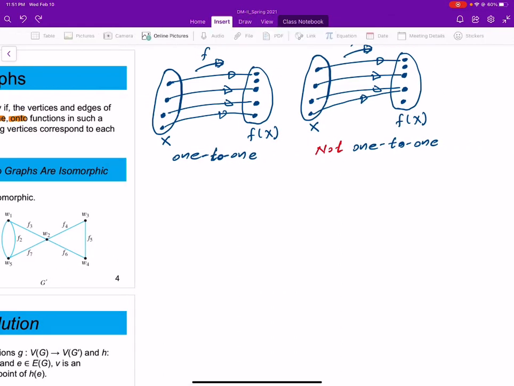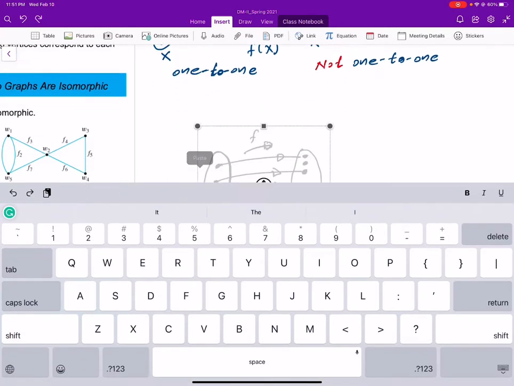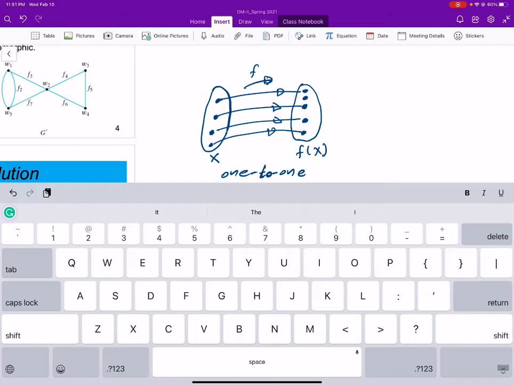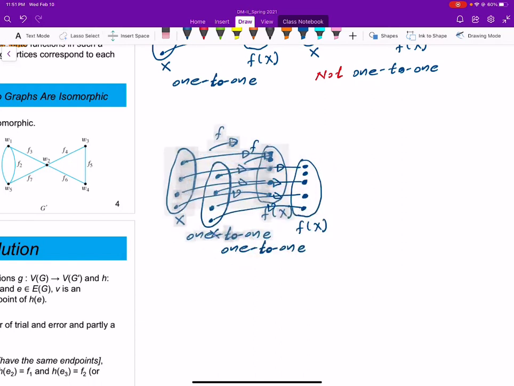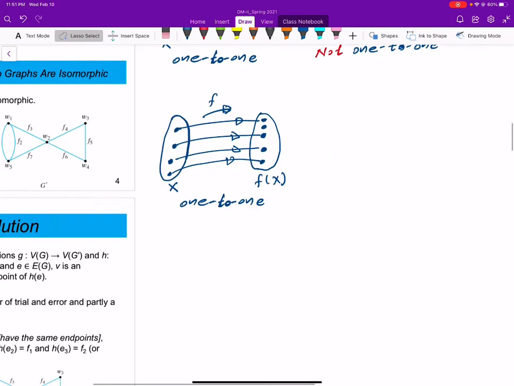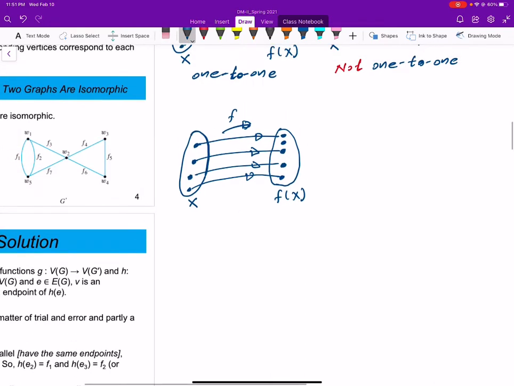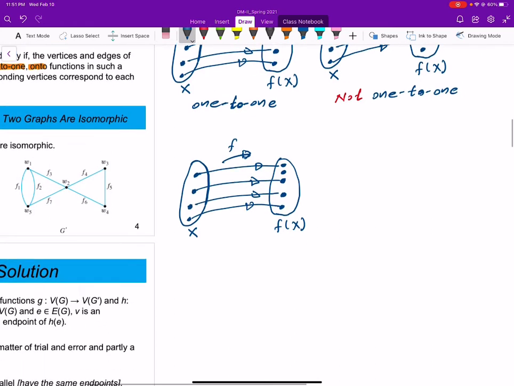I use the same schematic for that. In the onto case, all the elements in this set, which is called the range, will be mapped by the elements in that set.